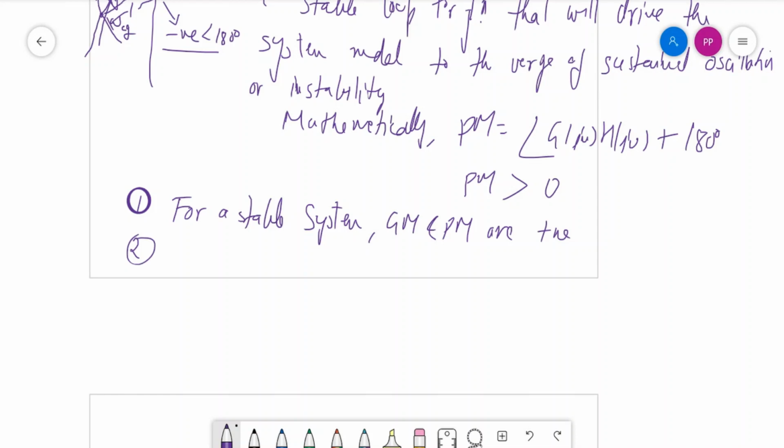Number second, for large gain margin and phase margin, the system is definitely stable but sluggish.